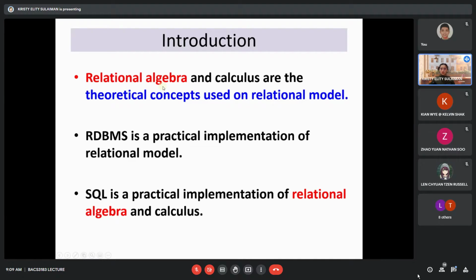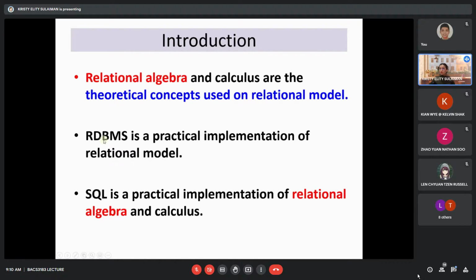So the purpose of a query language, in our course, is SQL. We want to retrieve data from the database. This SQL is a practical implementation of relational algebra.